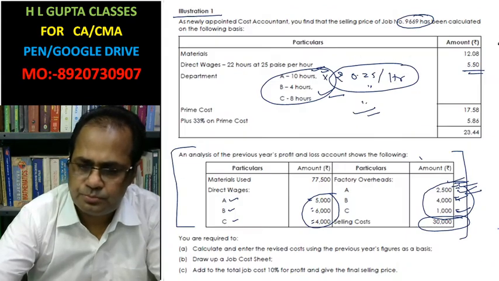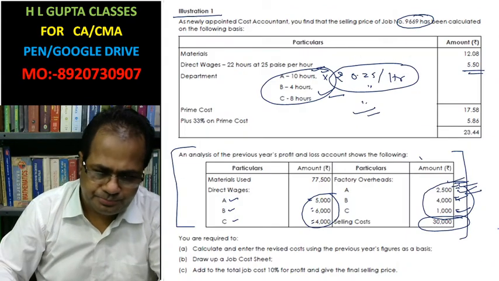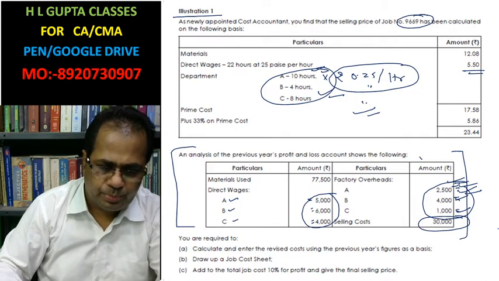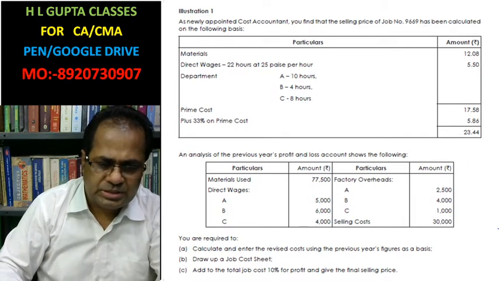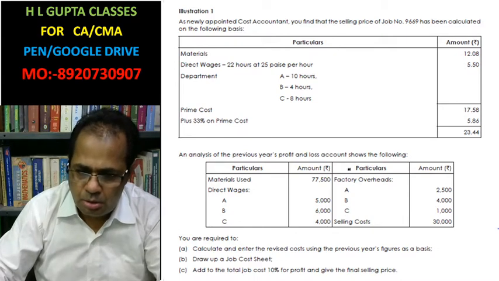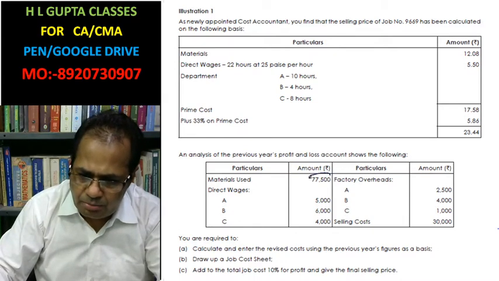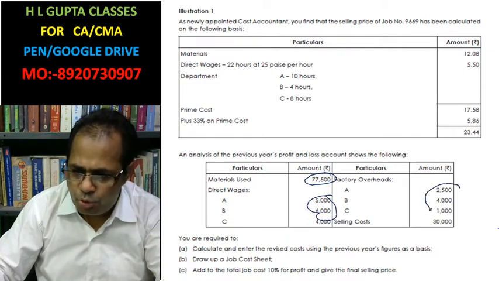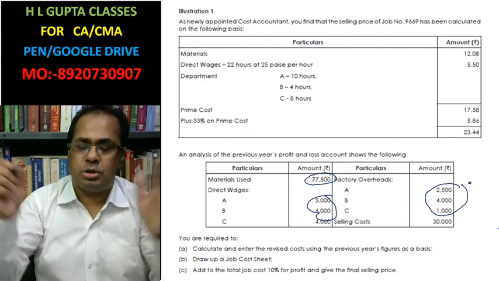Look at this question, please try to understand. In this case, material is given here, direct wages is given here, factory overheads are given here, so you can calculate the work cost.